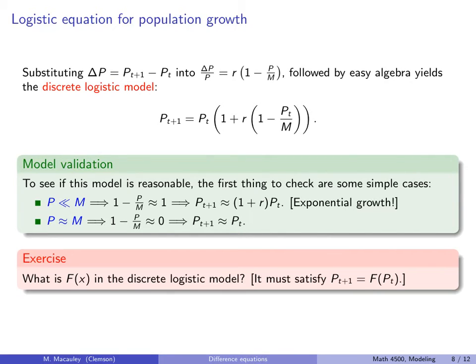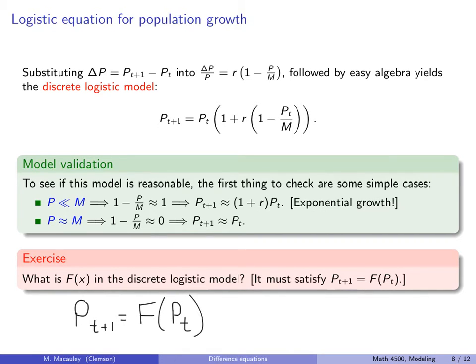So let me just ask you, what is this function f of x in the discrete logistic model? Remember I said that I defined a difference equation to be one where p_{t+1} is some function f of the population p_t.